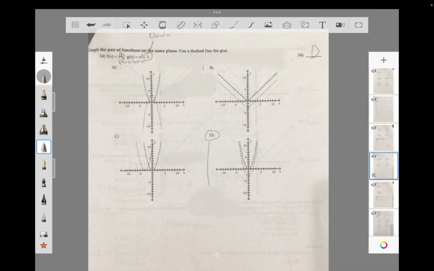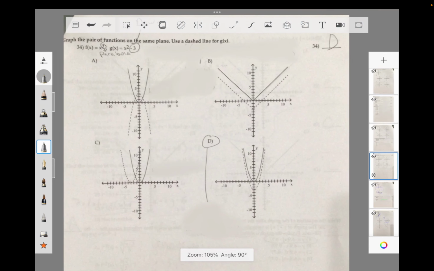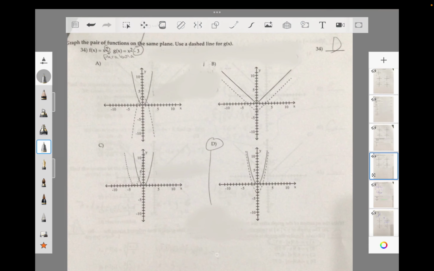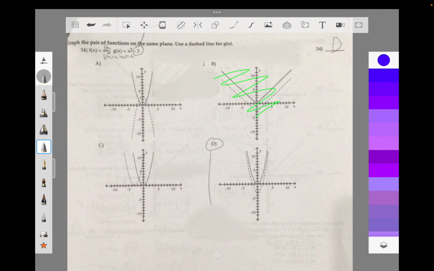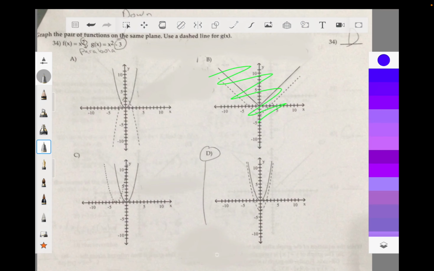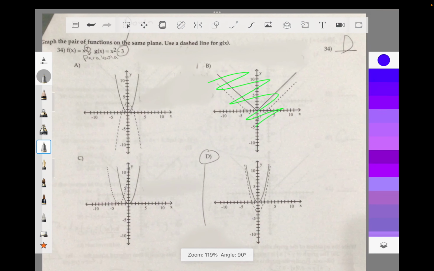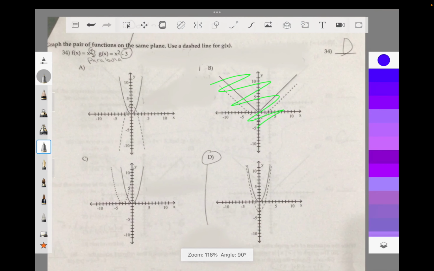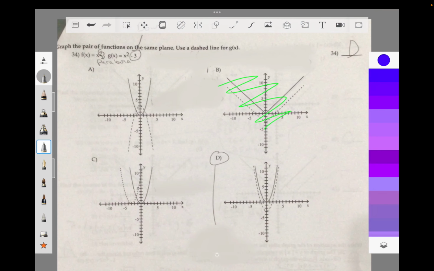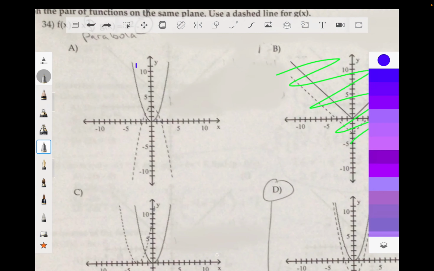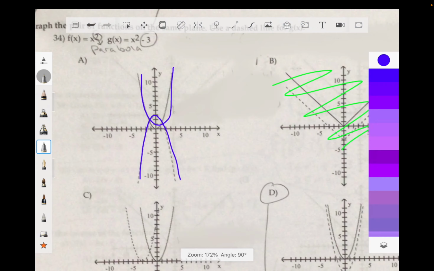Okay. So, immediately you could get rid of B, because the B graph is an absolute value graph and not a parabola. You can immediately get rid of A too, because if this is f of x, this would be a negative function.